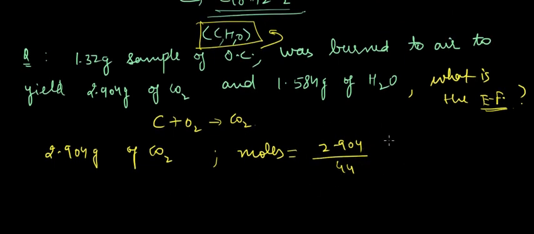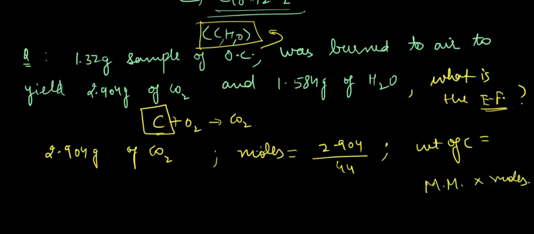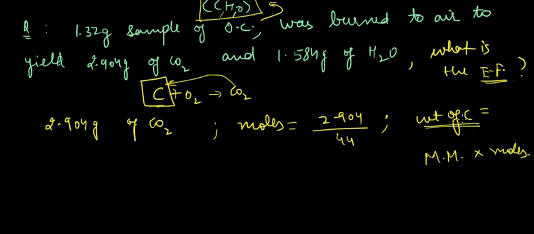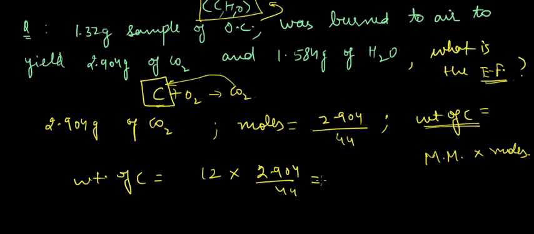Okay, and if we have to calculate the weight of carbon which was used, then we have to multiply the molar mass of carbon with the number of moles. Number of moles of carbon in CO2 would be coming from the carbon atoms in the organic compound. Hence weight of carbon in the organic compound can be calculated, and this would be 12 into 2.904 over 44, which will give us 0.79 grams.